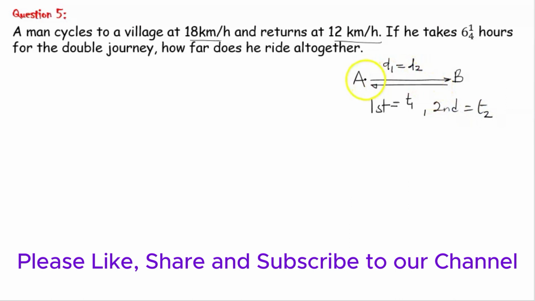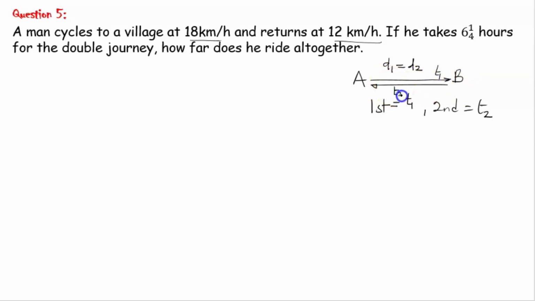So when he is going from A to B, the time he used was T1. When he is traveling from B to A, the time he used was T2. And what does that imply? It implies that T1 plus T2 must be equal to the total time, which is 6 1/4 hours.